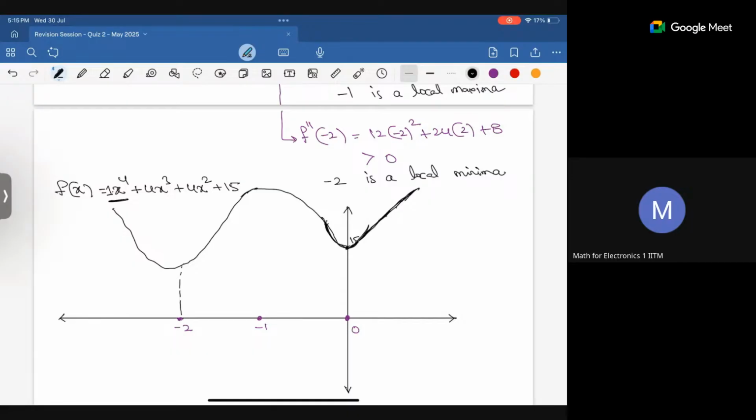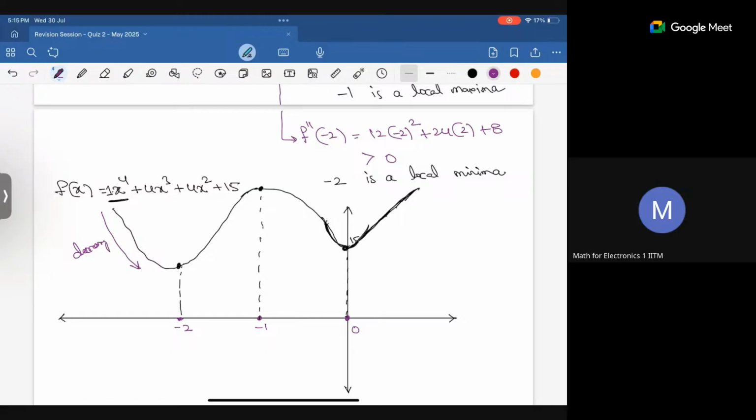Once you have this kind of plot, you will not be able to exactly plot the values, but you can clearly see that from minus infinity till minus 2, my function values are decreasing.